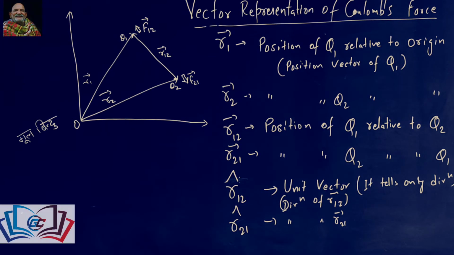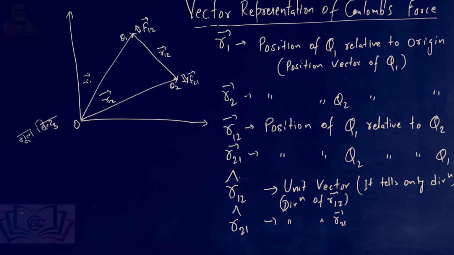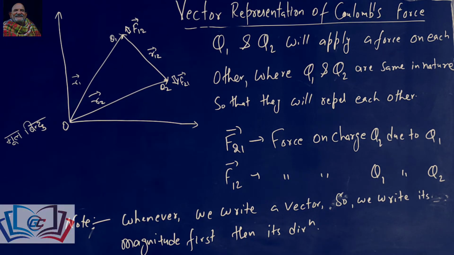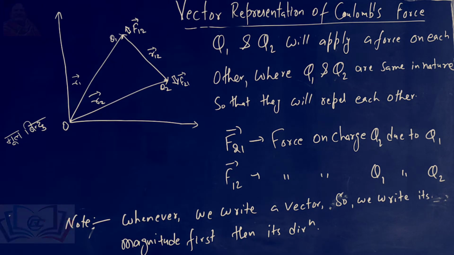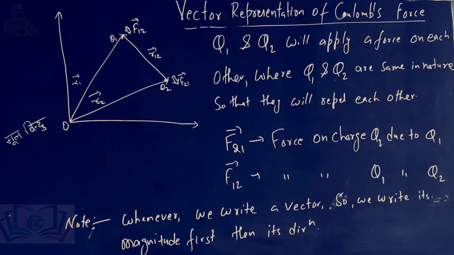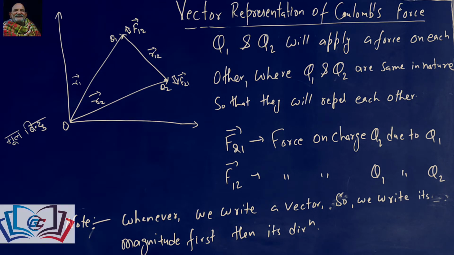Now we will see the forces shown in the figure, F12 and F21. Now q1 and q2 will apply a force on each other. Both are of the same nature, so it will be the repulsion force.